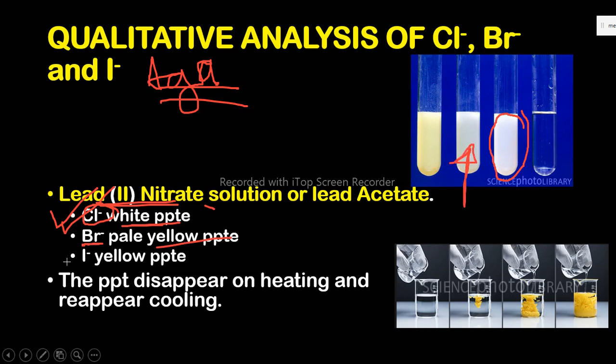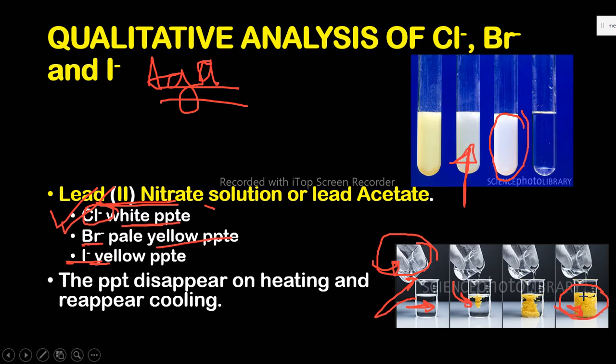But if iodide ions are present, then we shall form a yellow precipitate. Initially you start with a colorless solution, then you add another colorless solution, maybe potassium iodide, and you add lead(II) nitrate. The solution is going to form a yellow precipitate, as we can see.